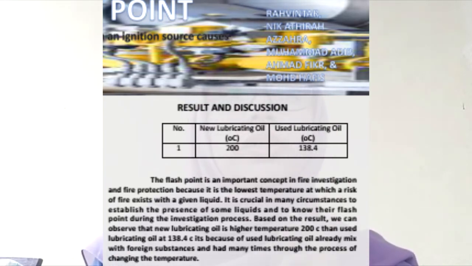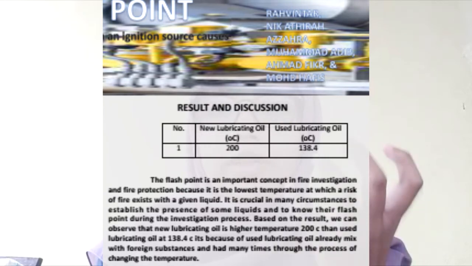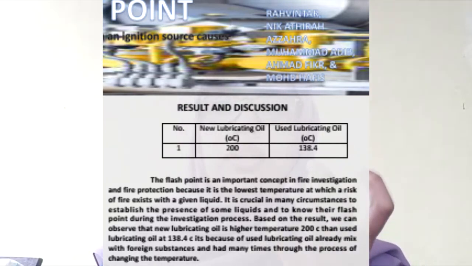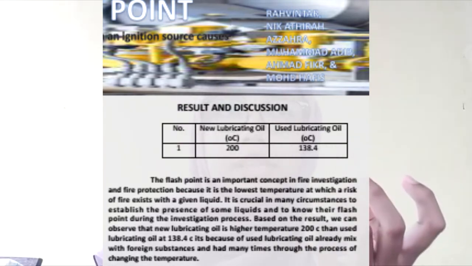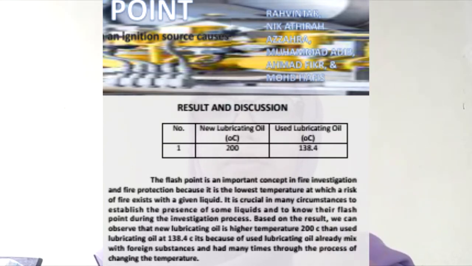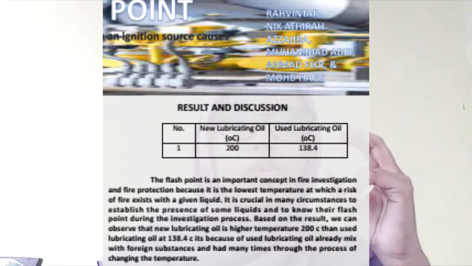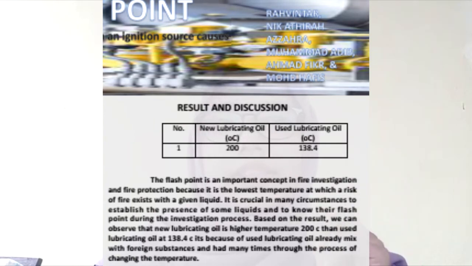This is because the used lubricating oil has already mixed with foreign substances and has been through the process of changing temperature many times. A flash point less than 23 degrees Celsius is dangerous and highly inflammable. The safe value is greater than 60 degrees Celsius.